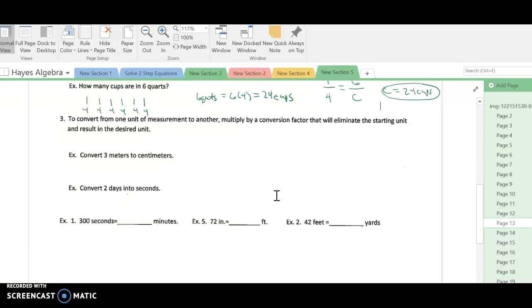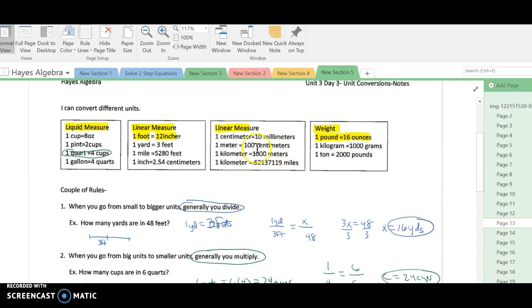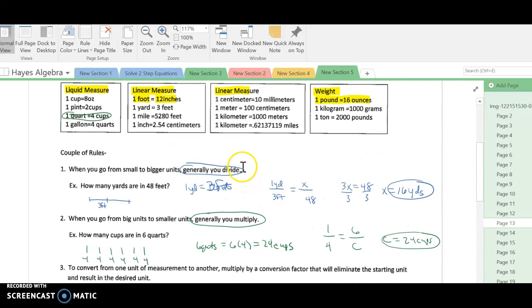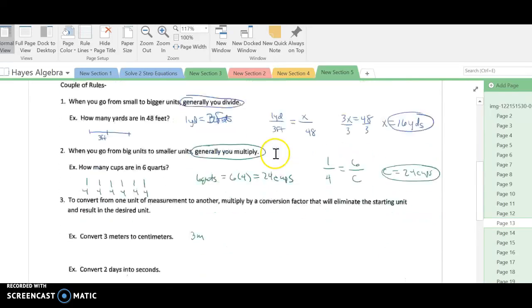Now, to convert from one unit of measure to another, you're going to multiply by a conversion factor that will eliminate the starting unit and result in the desired unit. Meaning, convert 3 meters to centimeters. So we know 3 meters. Now if we go up to the conversion table, 1 meter is equal to 100 centimeters.